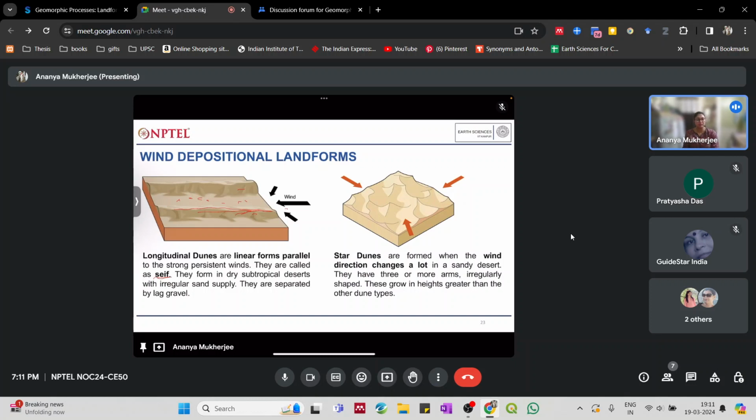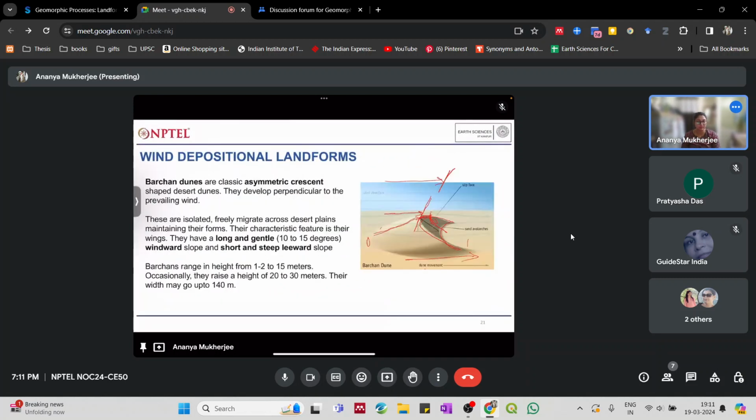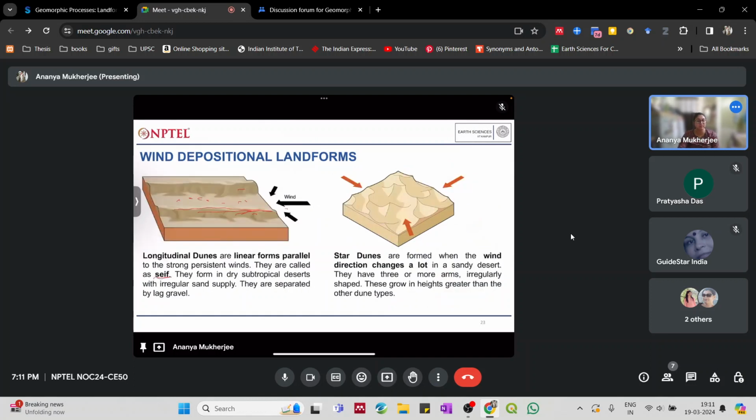You can see that usually in Barchan dunes, these are called your wings, or the arms of the dunes. I draw here. So these are called wings, or the arms of the dunes. In a star dune you will see that there are not just two wings or arms.